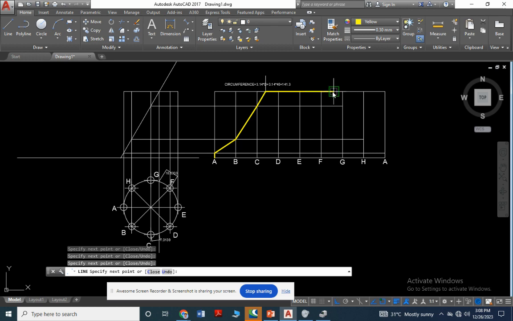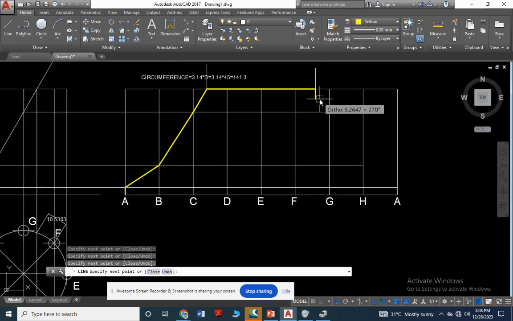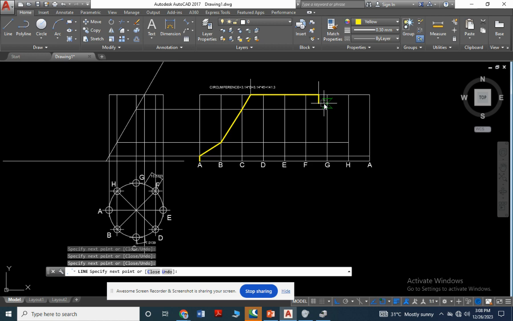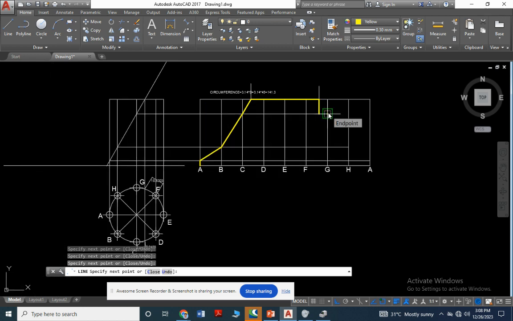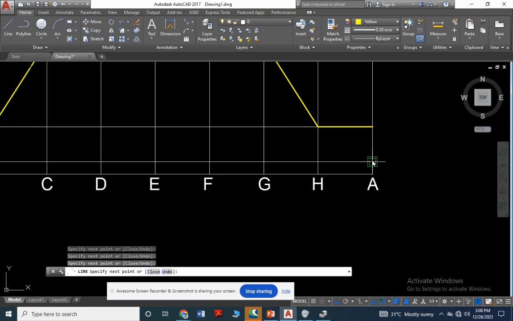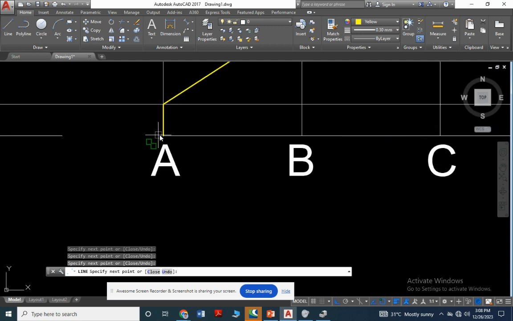F to G here, and remaining F to G, G point. Then G to H, then A to B, H to A, and this is the point.